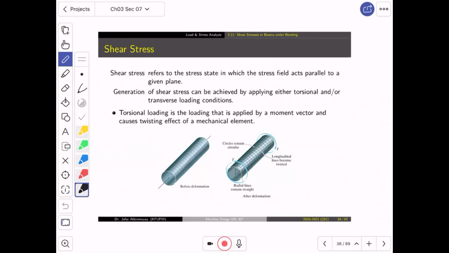The torsion, as you see, twists the member, and it is usually performed by applying a moment whose axis, which is the direction of the thumb, is along the axial direction of the member. And that's how you twist it.